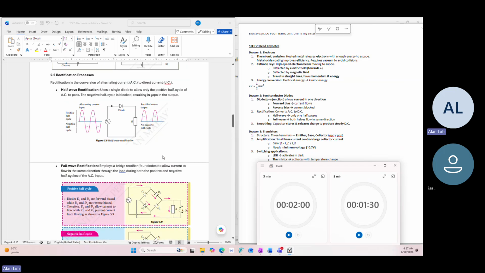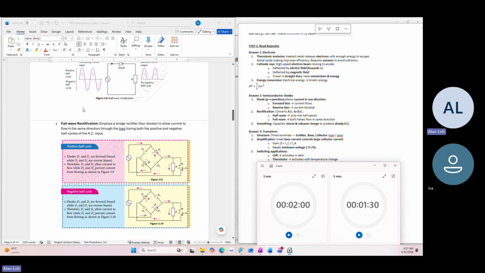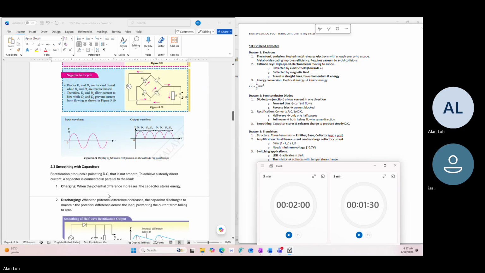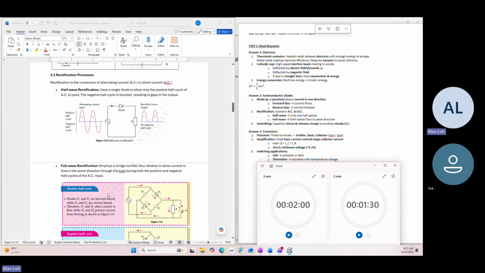All right, so let's do 2 minutes. I'm going to scroll down as we read. Let's say 2.2 for 2 minutes, then 2.3 we're going to have another 1 minute. All right, let's do 2.2.